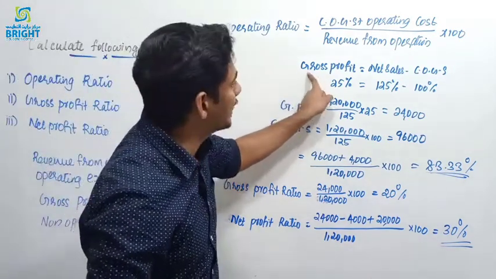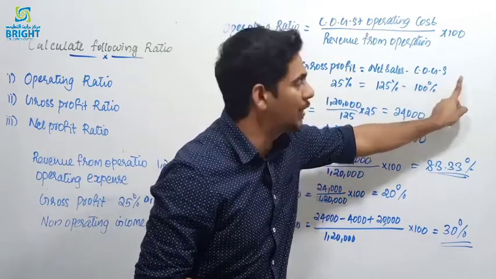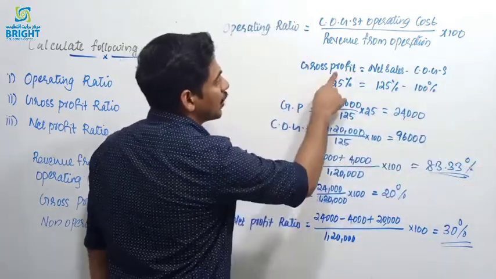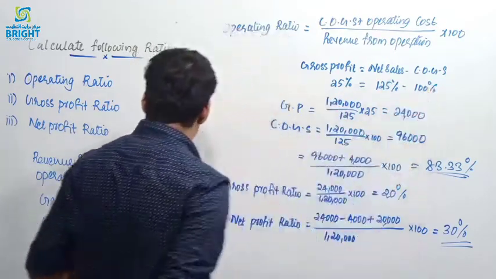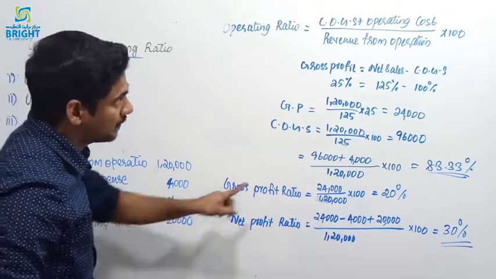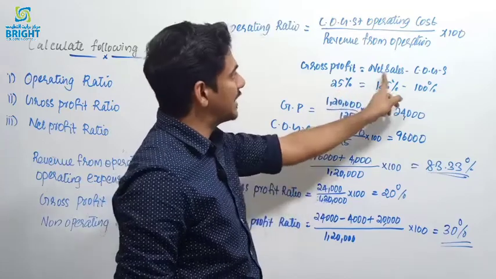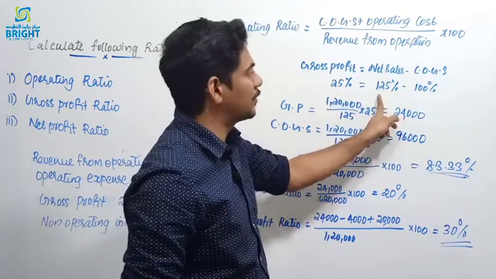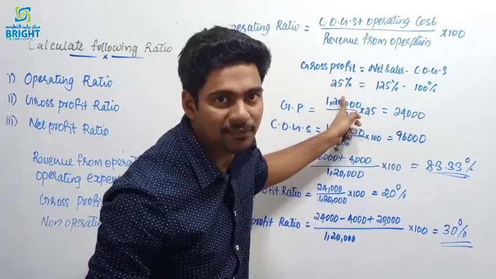We know the formula: gross profit is equal to net sales minus cost of goods sold. As per the question, gross profit is 25% on cost, so cost is 100%. If cost is 100% and gross profit is 25%, then net sales will be 125. 125 minus 100 is only 25.